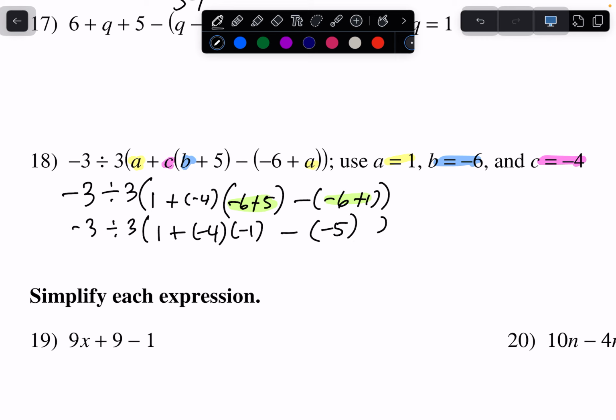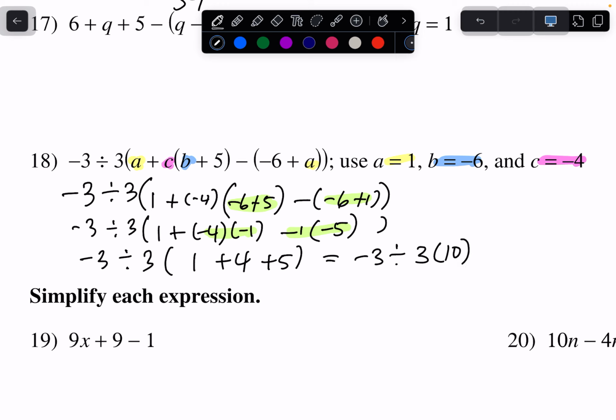Inside the parenthesis, we still have this multiplication and that multiplication to do. You can even put a little -1 there if that helps your brain. So it's going to be 1 plus 4, because two negatives make a positive, plus 5. And then that parenthesis can finally become one thing. 1 plus 4 plus 5 is 10.